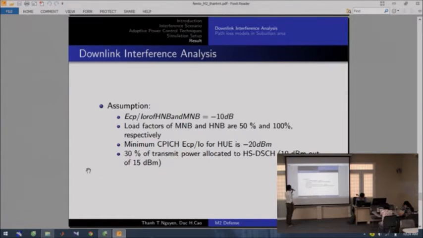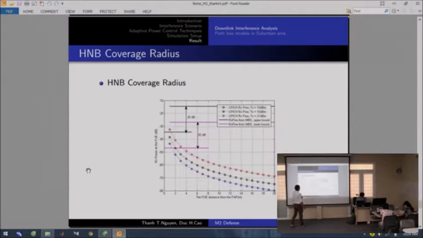Here are some parameters we use in this simulation. The quality value for the common pilot channel is 20 dB, and this is the transmit power of the macro cell.